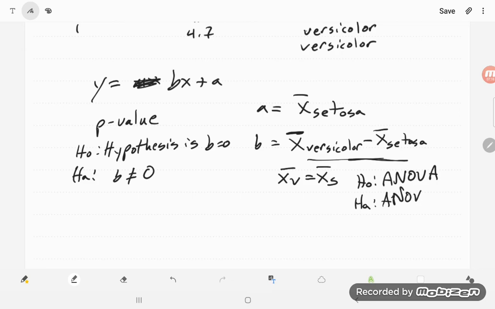It's that the means are not the same: x bar v is not equal to x bar s. Okay, so that is exactly the same alternative we're getting here for the regression. So in the next video, we'll actually put this into a spreadsheet with the data and see that we do indeed get that a is the average for setosa and b is the difference in their averages.